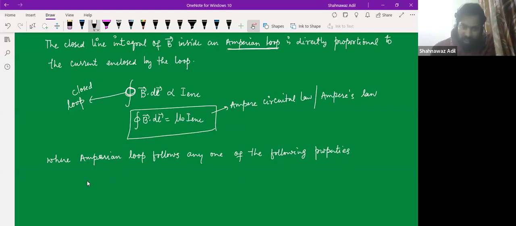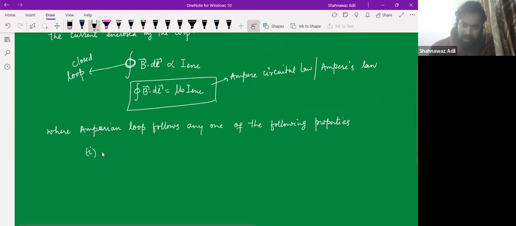One would be that inside the Amperian loop, B and dl are perpendicular, or we can also have B and dl parallel.